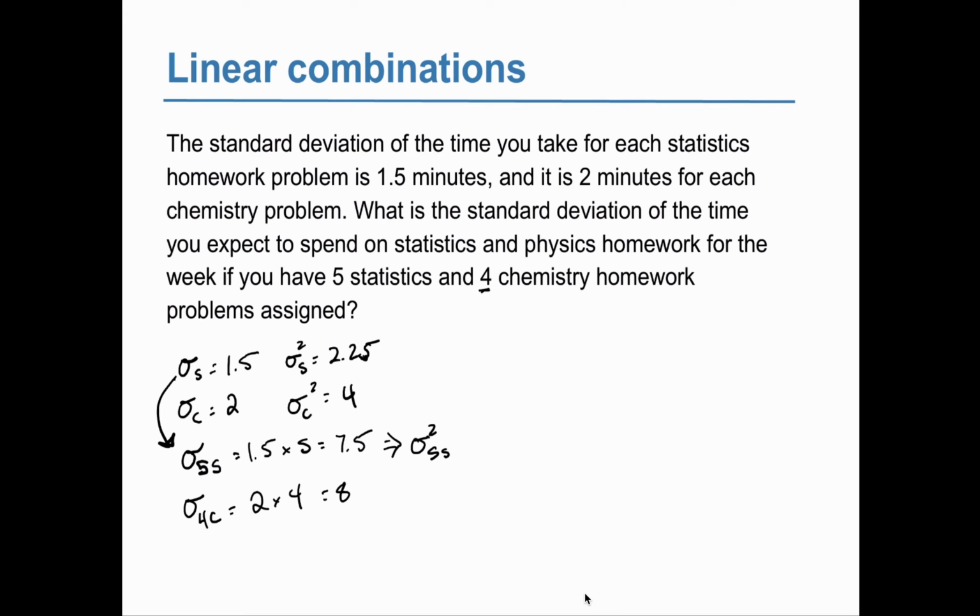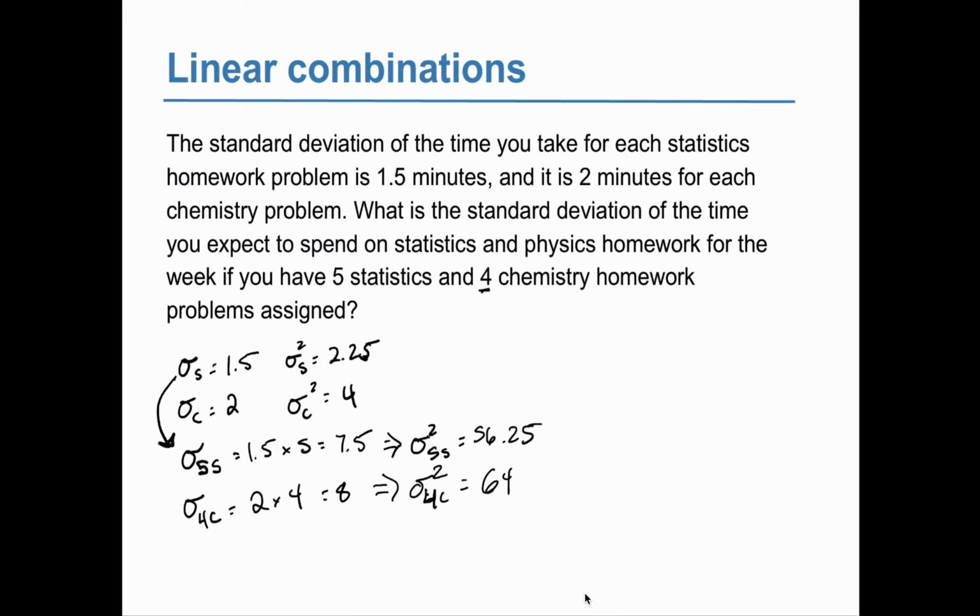So that would be 7.5 squared is 56.25, and 8 squared for chemistry is 64.